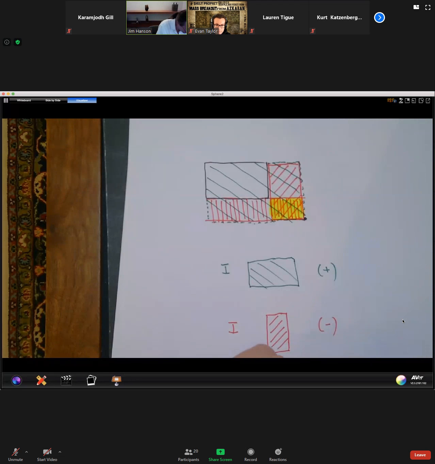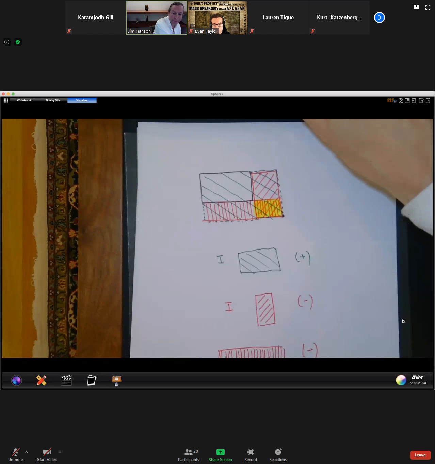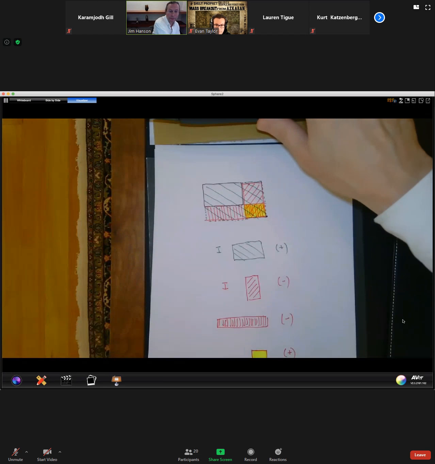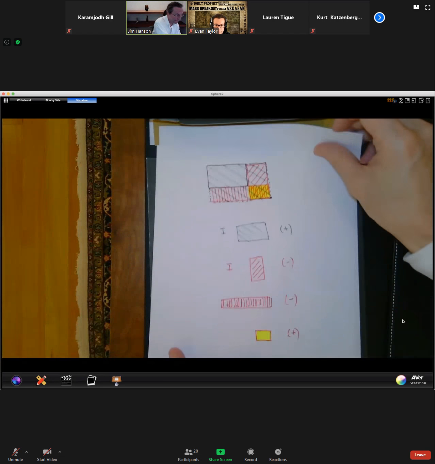We have to add that one back in because we took it out one too many times. Oh, sorry, here, missing out on the drawing. Looks like that.